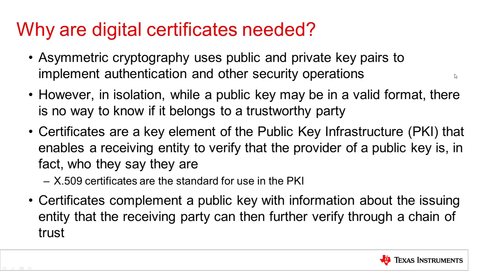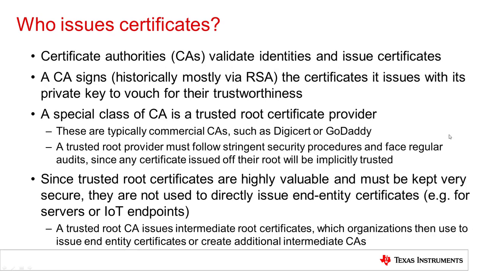and what they are. As we mentioned earlier, a certificate enables the receiving party to validate the identity of the entity that sent the certificate and the associated key. Certificate authorities, which we will abbreviate to CA in the rest of this presentation, validate those identities and then issue certificates.